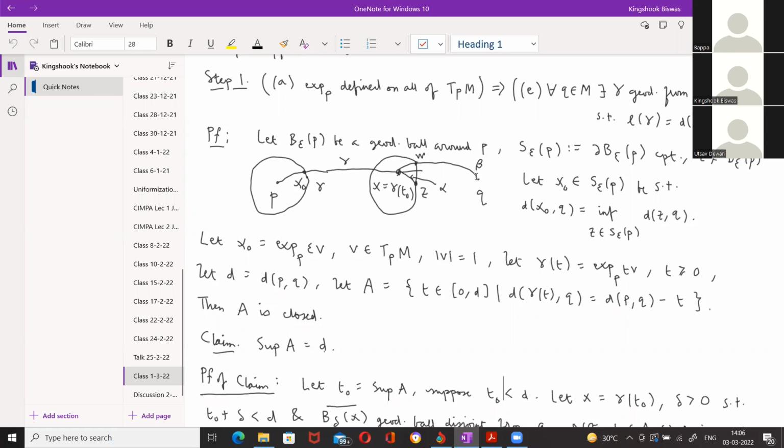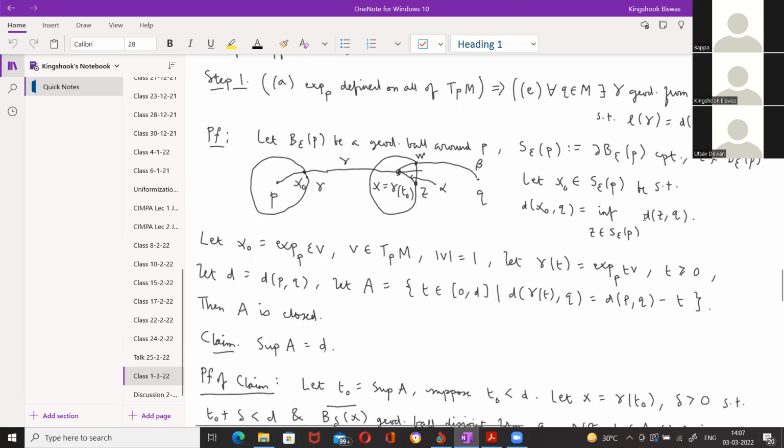So the first step was to take a small epsilon geodesic ball around P and then choose a point x naught on the geodesic sphere of radius epsilon which is closest to Q. That means the distance from x naught to Q is the infimum over points Z in the geodesic sphere of radius epsilon around P of the distance from Z to Q, right?